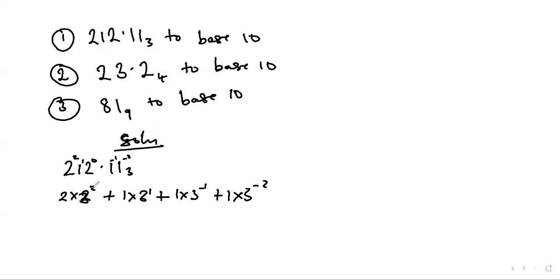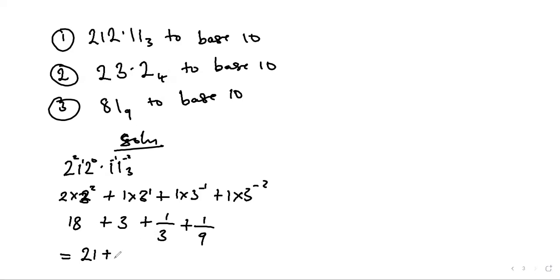So 3 raised to the power of 2 is 9. 9 times 2 is 18. 1 times 3 is 3. Plus 1 over 3 plus 1 over 9. That's 1 over 3 raised to the power of 2, and 3 raised to the power of 2 is 9. So 18 plus 3 would be 21, plus 1 over 3.